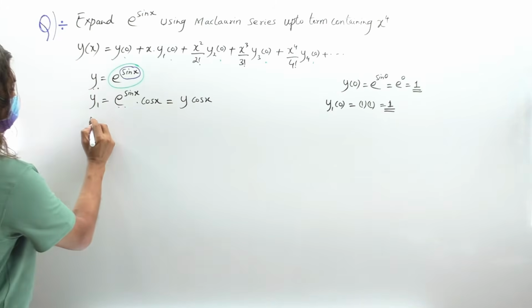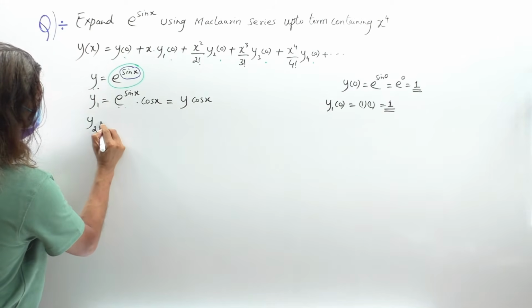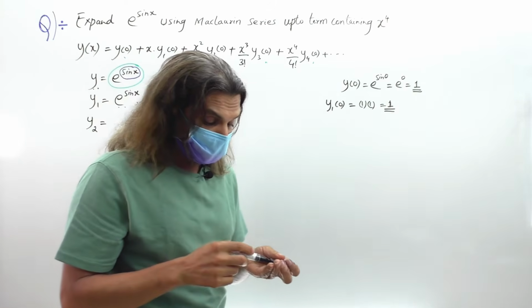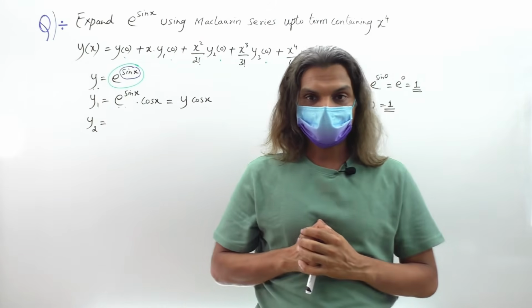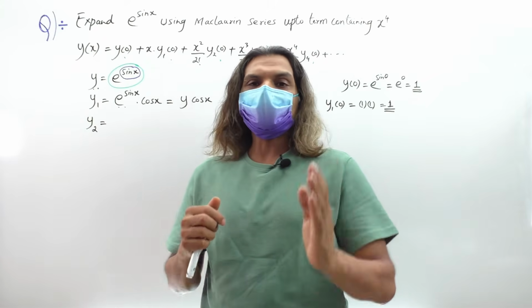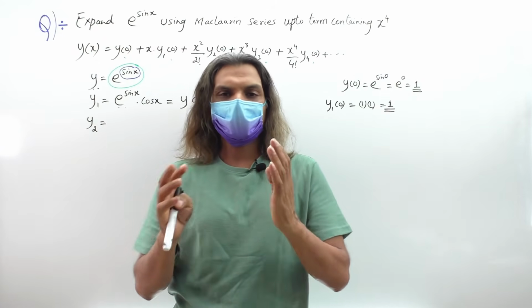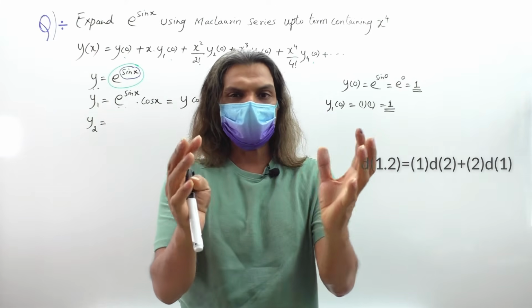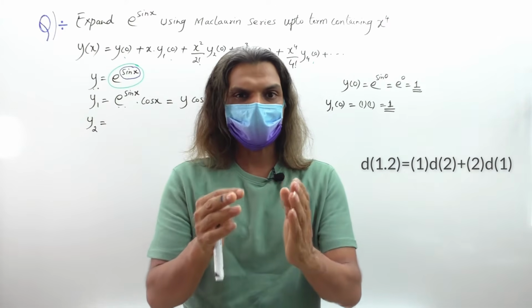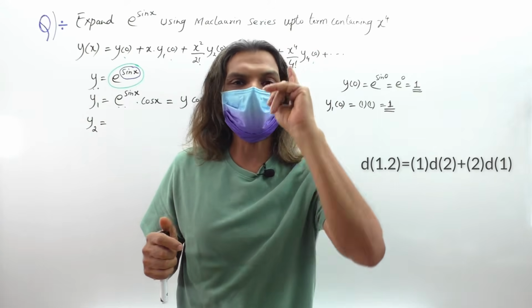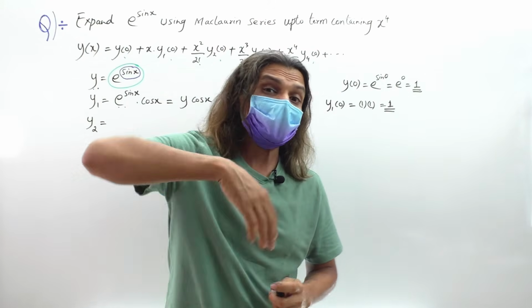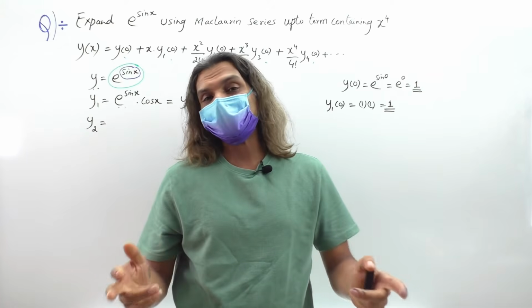Now the next differentiation is y2. So y2 will be, now see, we are differentiating y into cos x. See, y into cos x will be the product rule. Again, in a very simple form, when you are differentiating multiplication of two functions, use the product rule. Differentiation of first into second function is keep the first function as it is, differentiate the second function, plus keep the second function as it is into differentiate the first function.